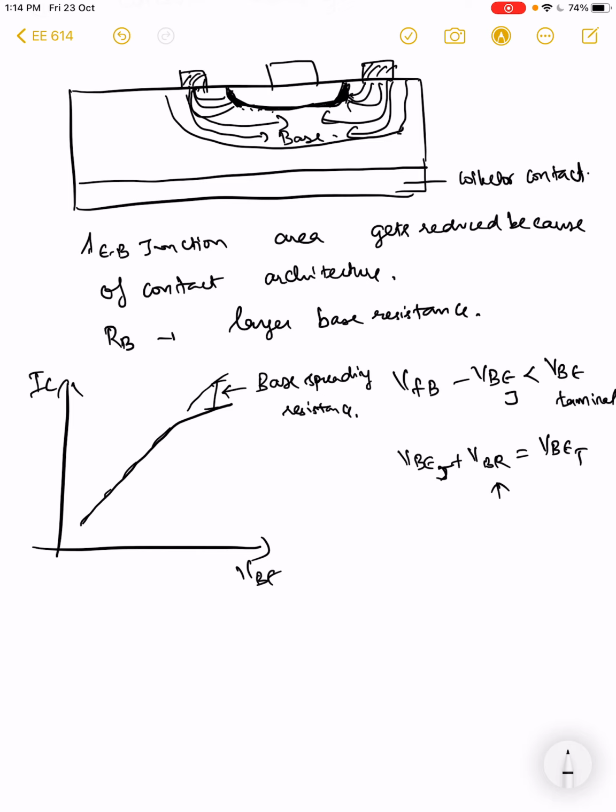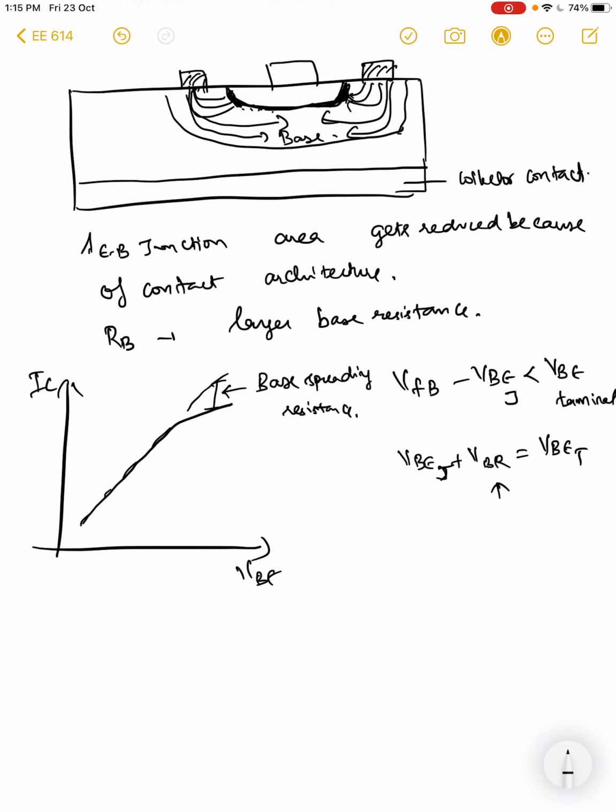But once you start increasing the current, your actual injection cross section needs to be larger for the increased current density, right? So it is often observed at very high injection currents or very high collector currents, where you start to see the effect of base emitter junction area reduction because of current crowding, right?